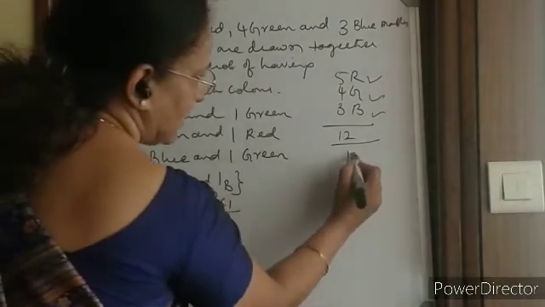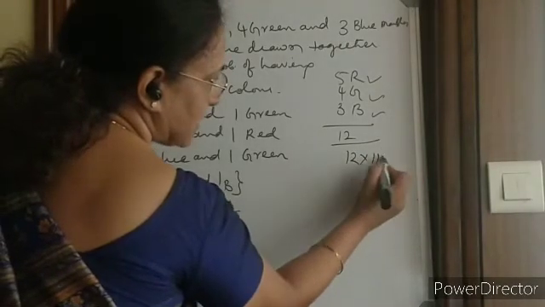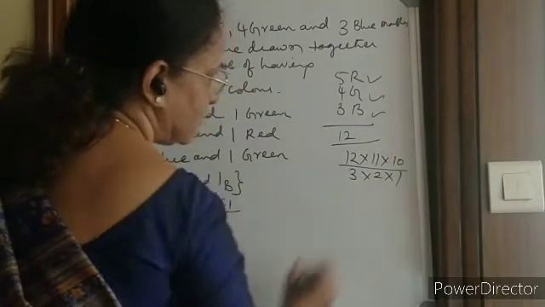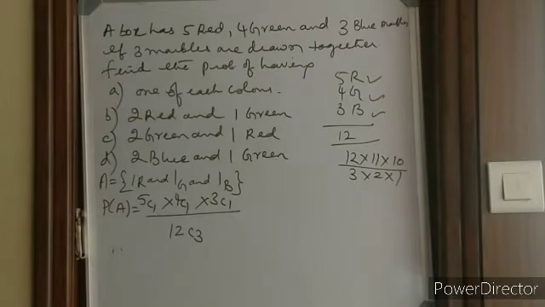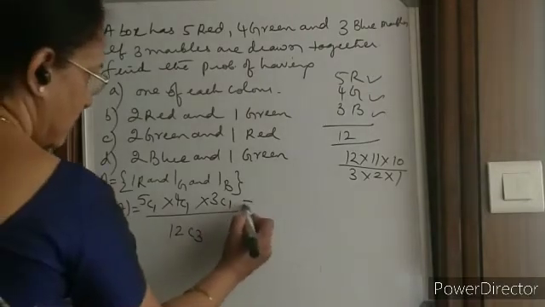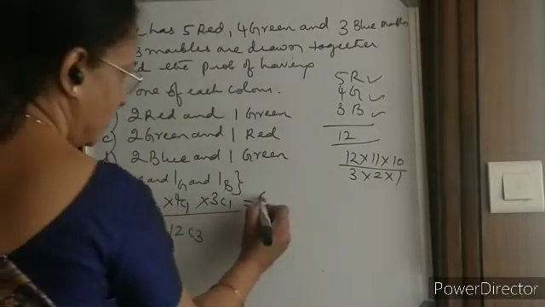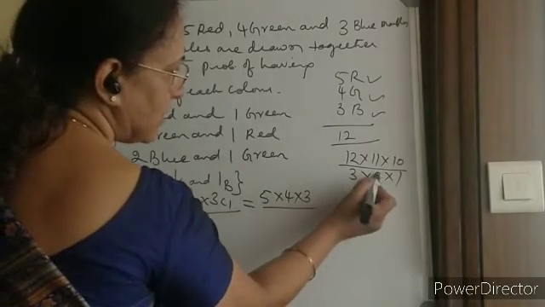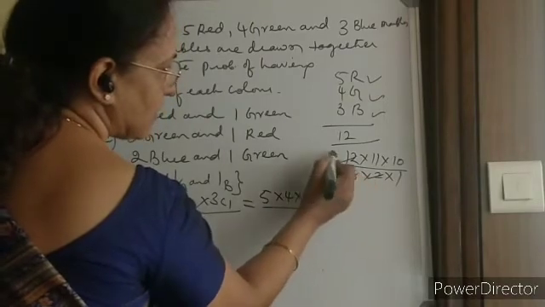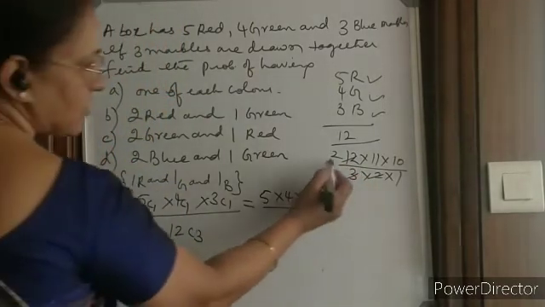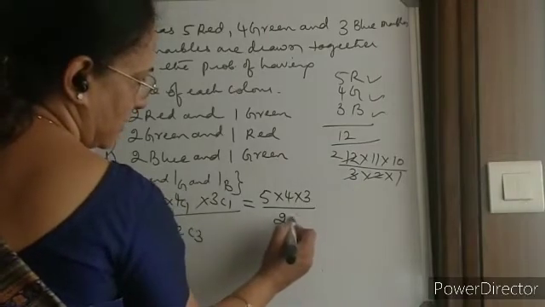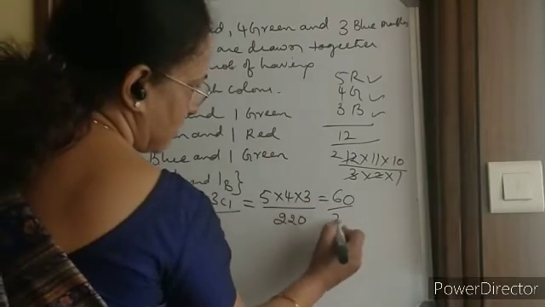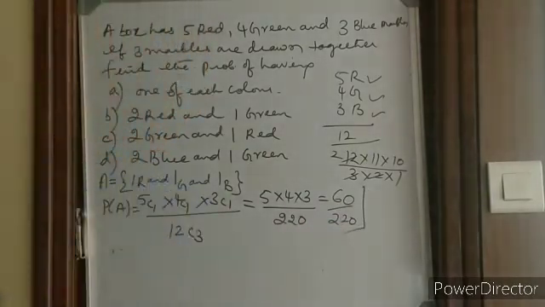Now when it comes to 12C3, you will multiply things. 12 into, now 3 numbers, 11 into 10 by 3 into 2 into 1. Now this is how you have to do it here. So this will become now 5 into 4 into 3. Now divided by, you can just multiply. 3 2s are 6. Correct? You can cancel that one. 6 2s are, so 22 divided by, so 220. So 5 4s are 20. 20 into 3 is 60. So 60 by 220. Okay.